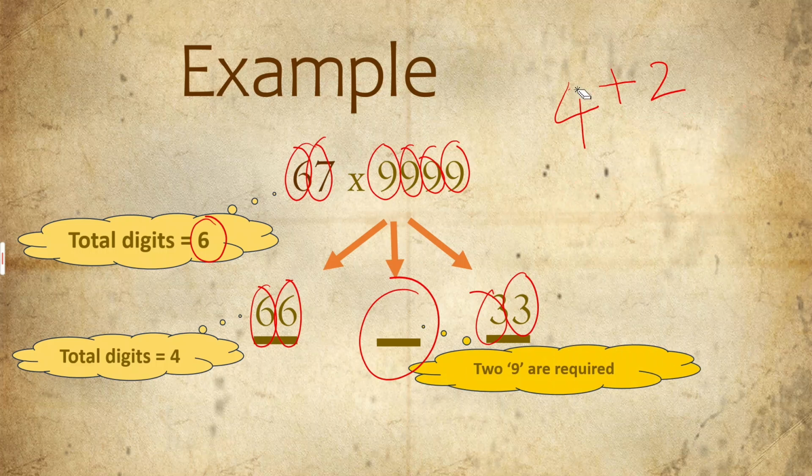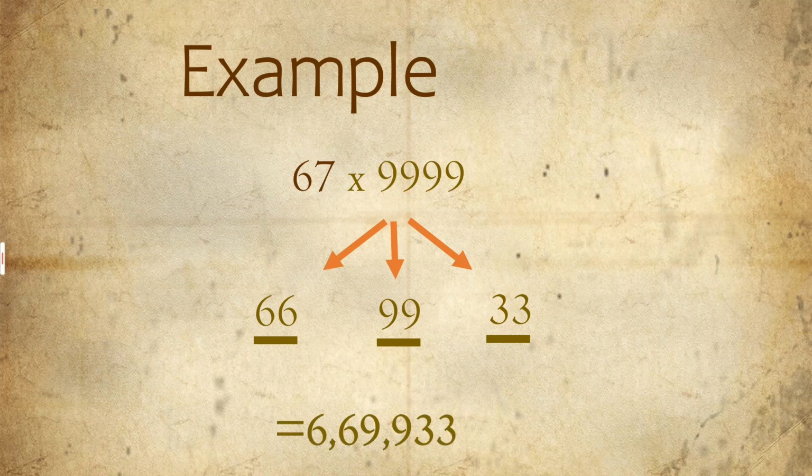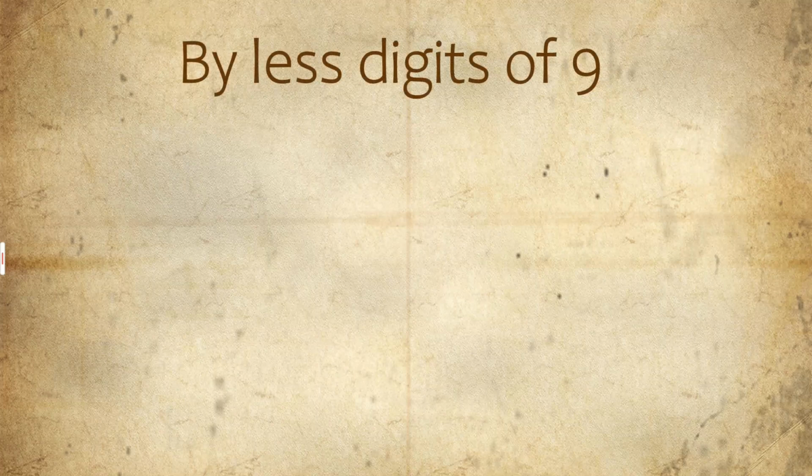Another simple thing that you can apply to find out how many 9s are required is subtracting these two numbers. 6 minus 4, which is equal to 2, right? So two 9s are required, which we're going to fill in, and the answer is going to be 6,69,933.